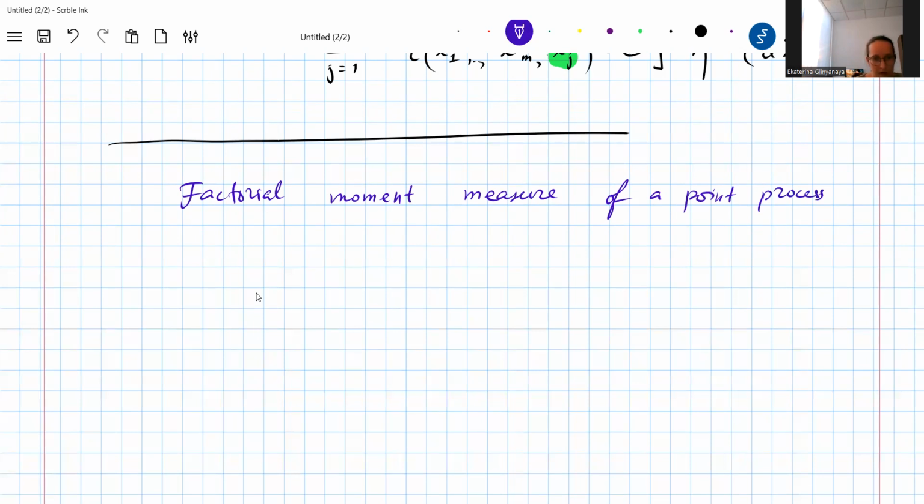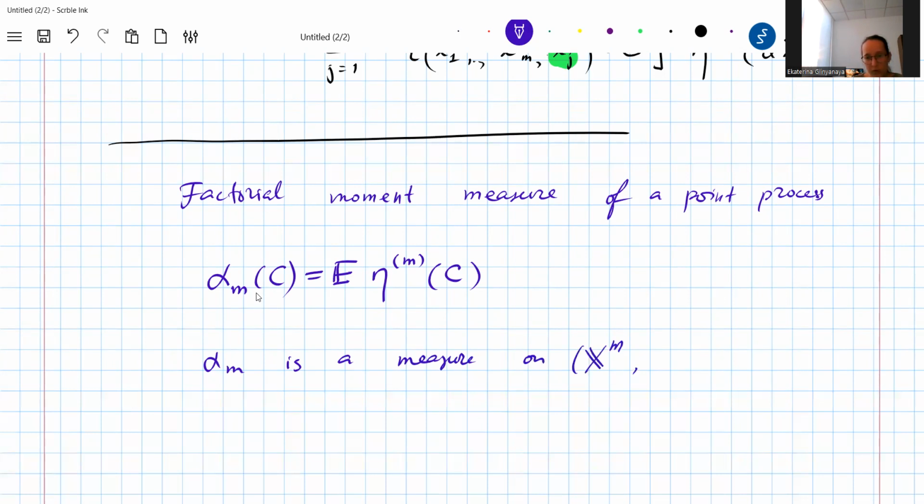So if I write the expectation of the factorial moment of the point process, for some subset C, then by the definition this is some measure on the product space to the power m, and we call this measure the factorial moment measure.